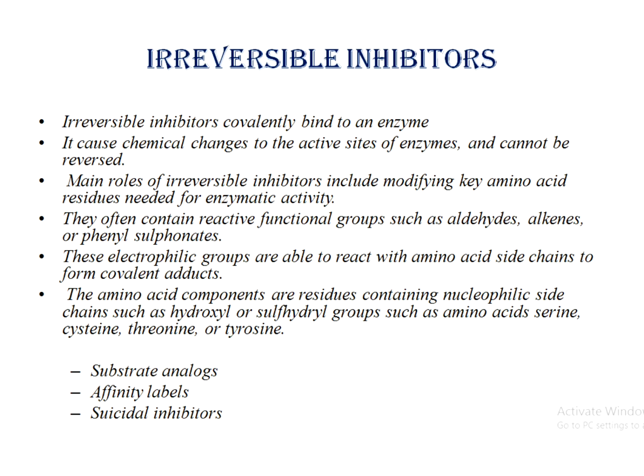The main function of these inhibitors is modifying the amino acid residues that are required for enzymatic activity. They also contain functional groups such as aldehydes, alkenes, phenyl sulfonates, etc.